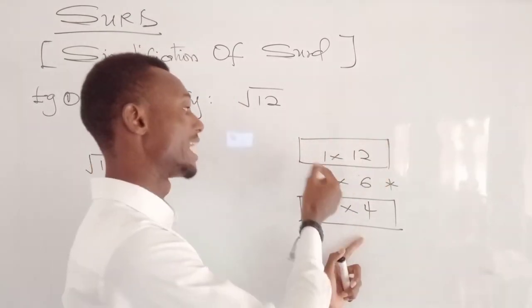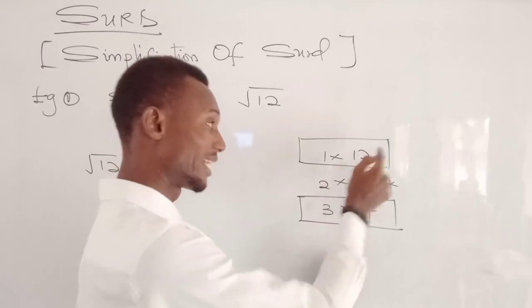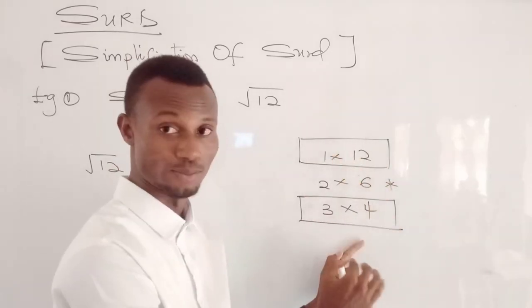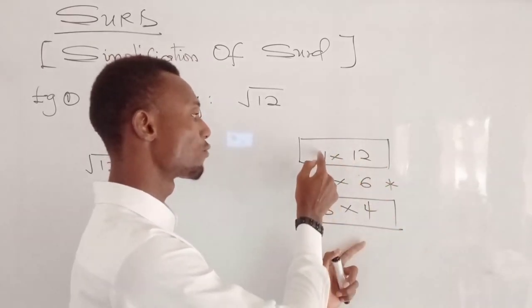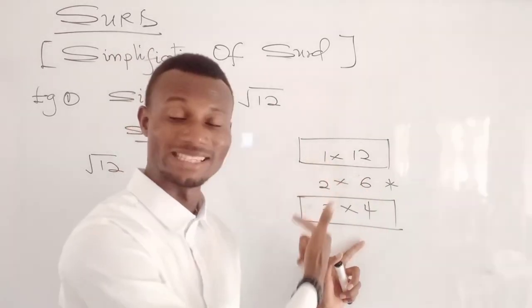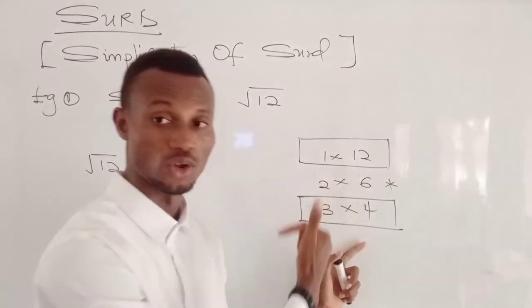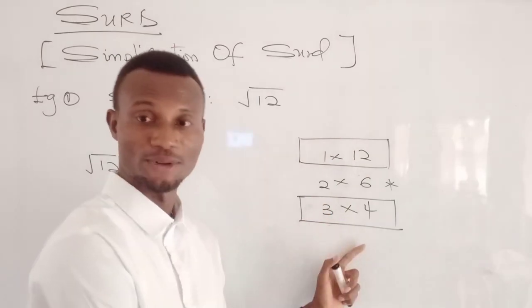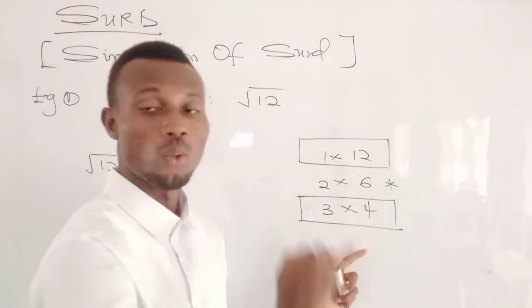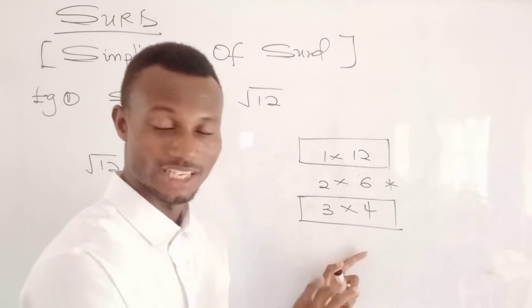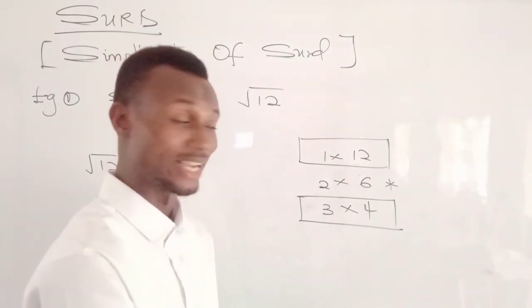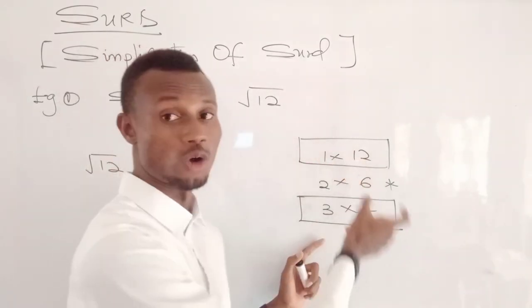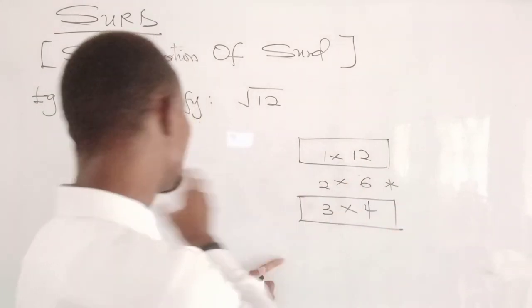The reason why I'm not going to pick the first one is that there I have 1 times 12. Though 1 is a perfect square, I'm not going to pick it because we need a number which we can simplify further, when the square root sign affects it. Picking the 1 times 12 will leave you at the same place.